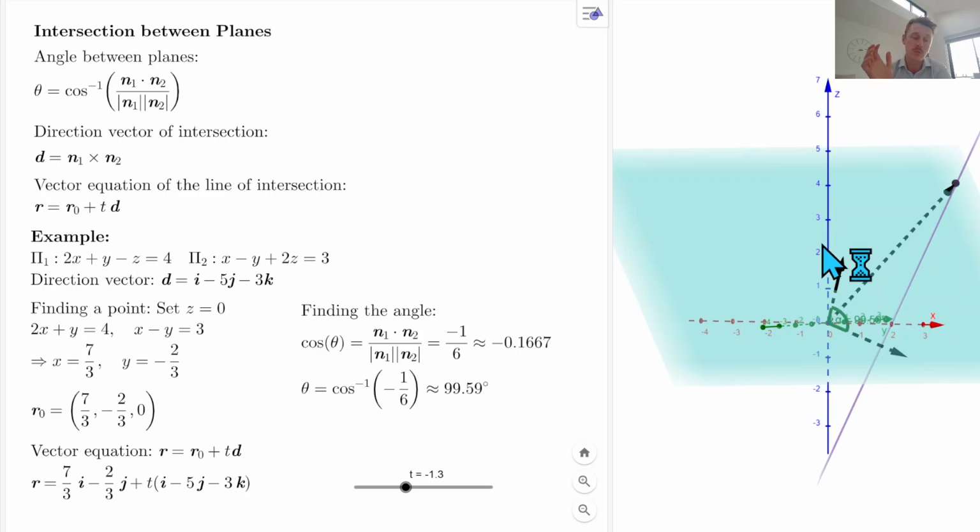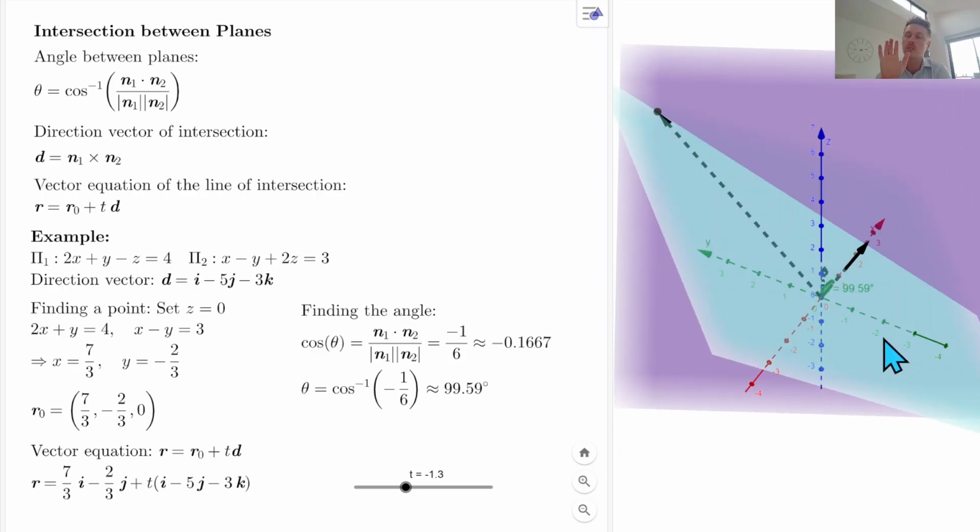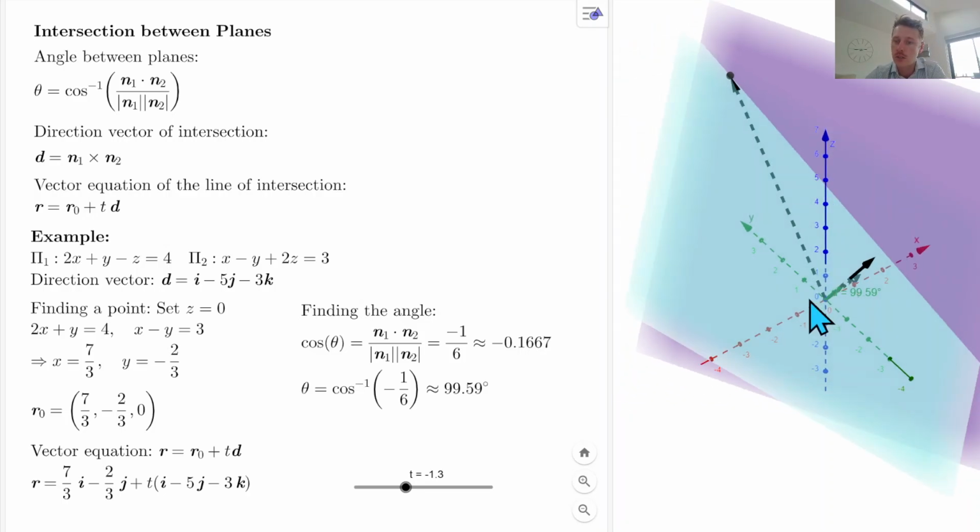Remember, our cross product uses the right-hand rule. So we take our two normal vectors to their respective planes, and we cross them with each other, and that's going to give us the direction of the vector of intersection.